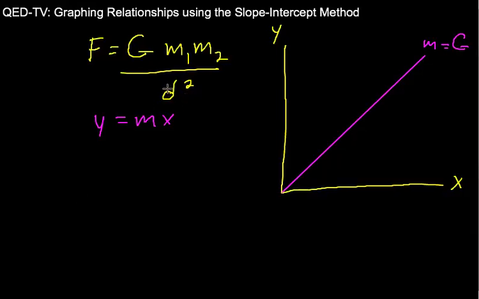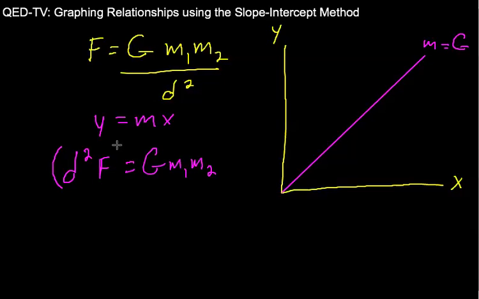Okay, so what we could do is multiply both sides by d squared. I'll have d squared times F equals big G times M1 M2. And even though it looks kind of ugly, it's in the proper form.